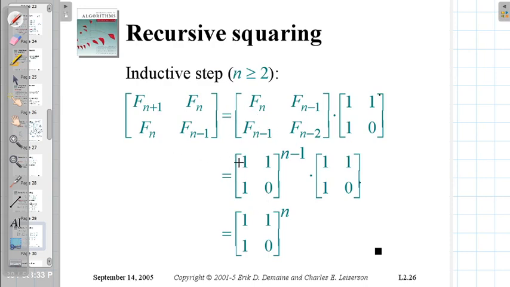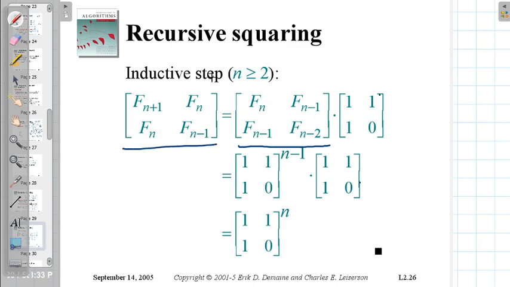Okay, so we have to assume that it is true for some lower values of n. Say it is true for n minus 1, so this will be 1 1 1 0 whole power n minus 1, and now I am starting from here.